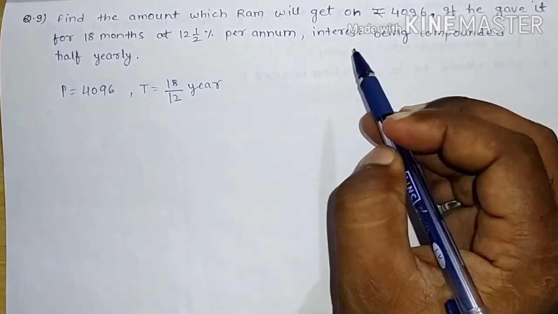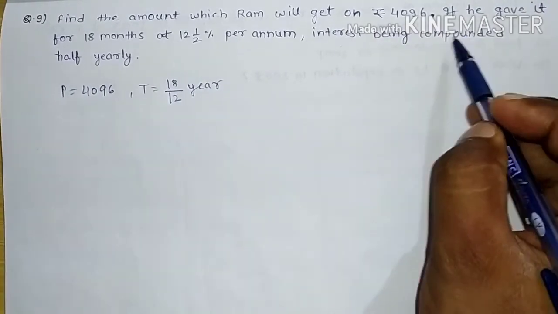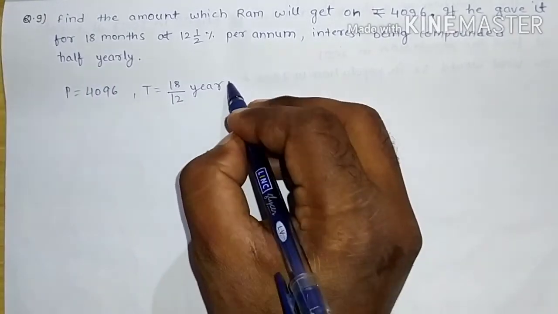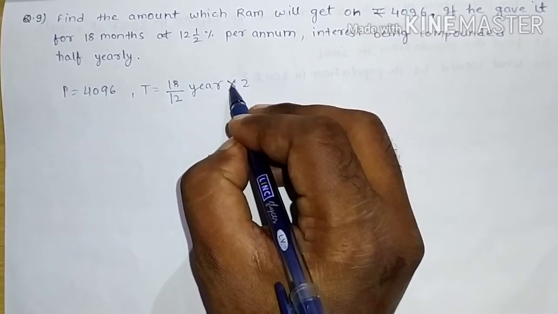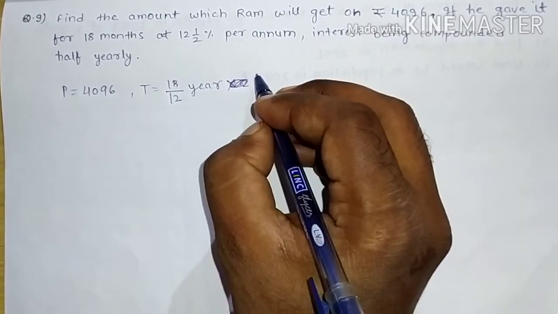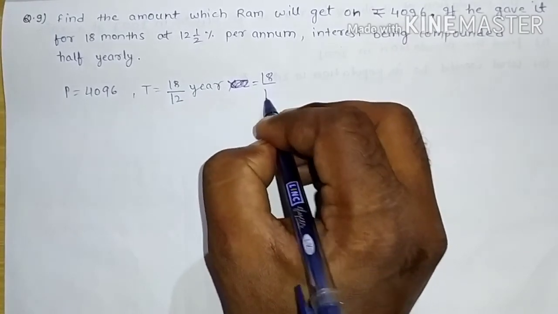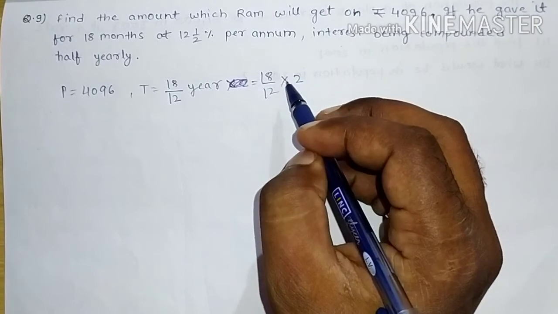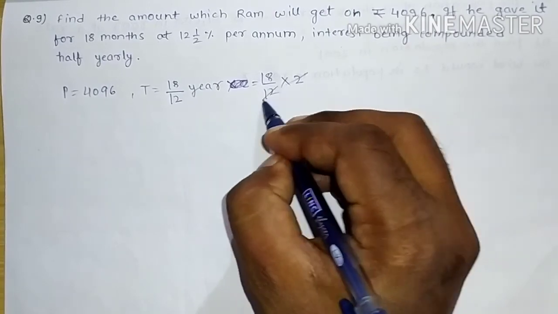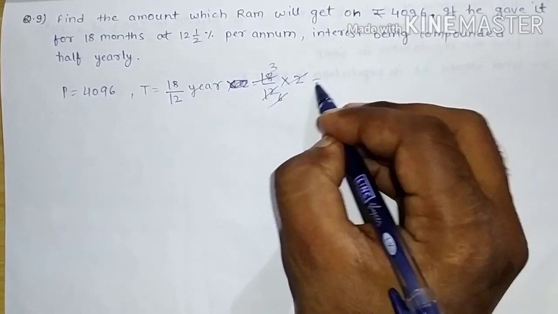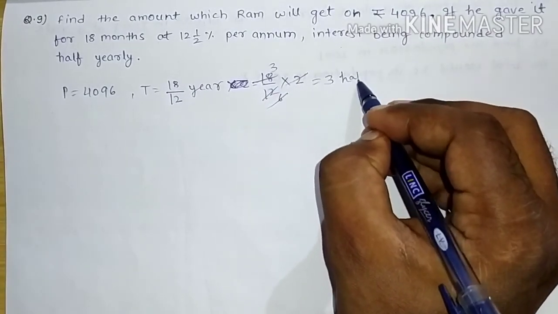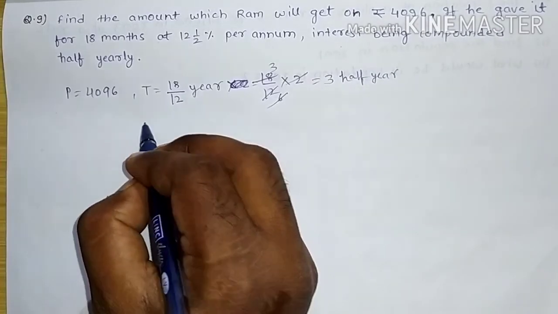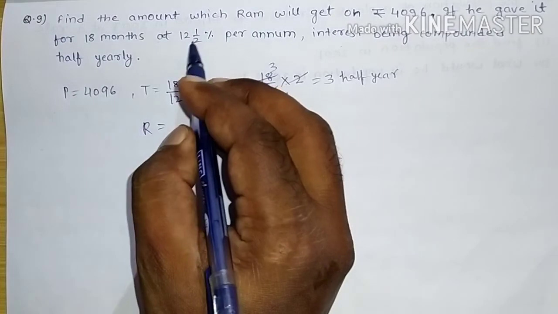As the question says, interest is being compounded half yearly. Compounded half yearly means time is multiplied by 2. So 18 by 12 into 2, it comes into half years, so this is 3 half years. Next, R is given 12.5%.